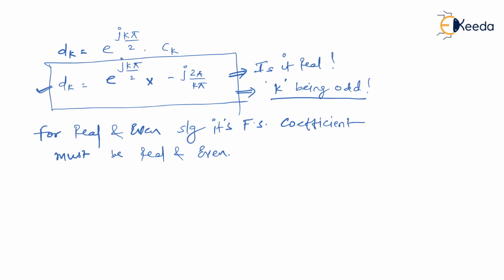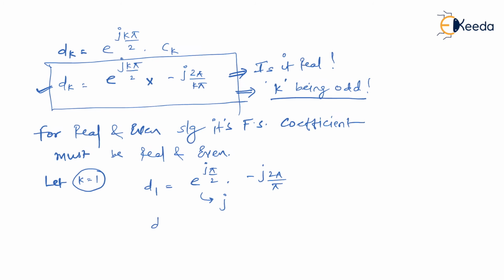So let us substitute for k equal to 1. For k equal to 1, d1 is equal to e to the power j pi by 2 multiplied by minus j times 2a upon pi, because k equals 1. Let me tell you, e to the power j pi by 2 is simply j.